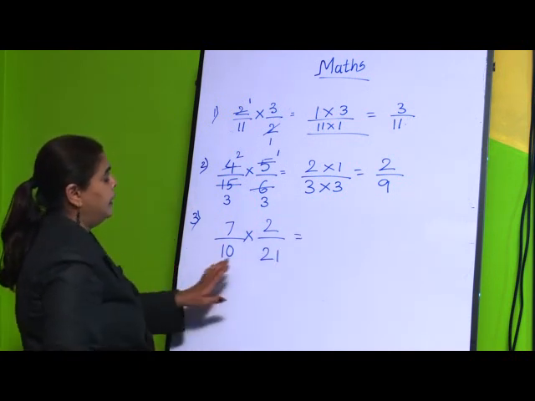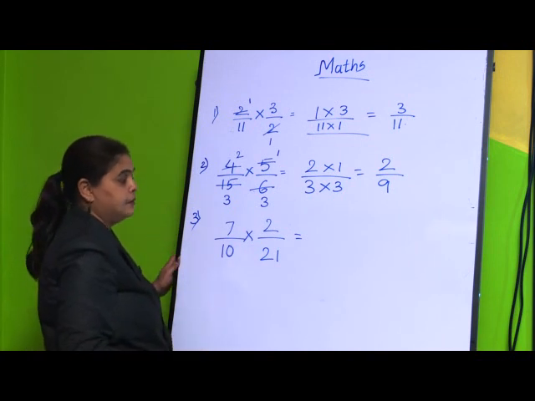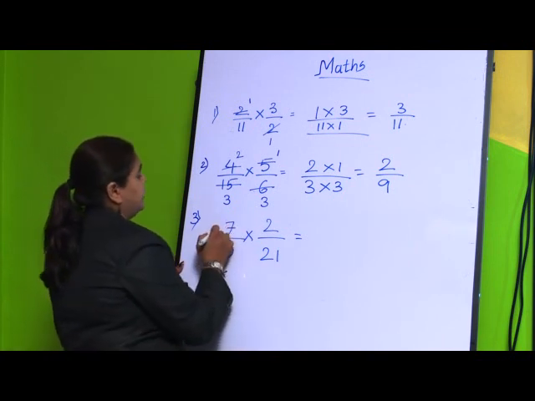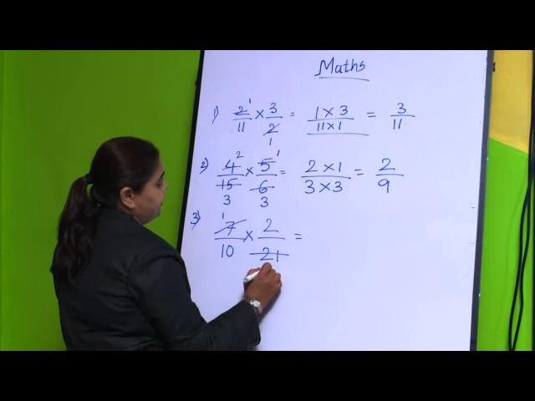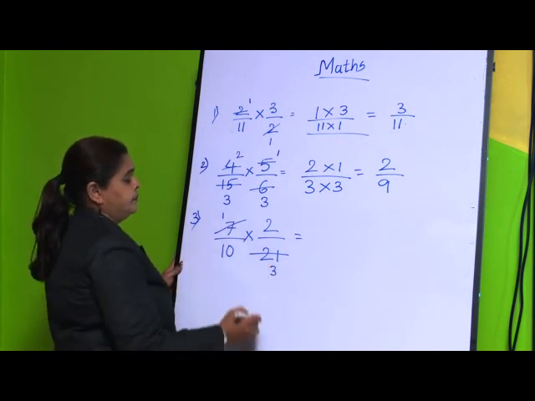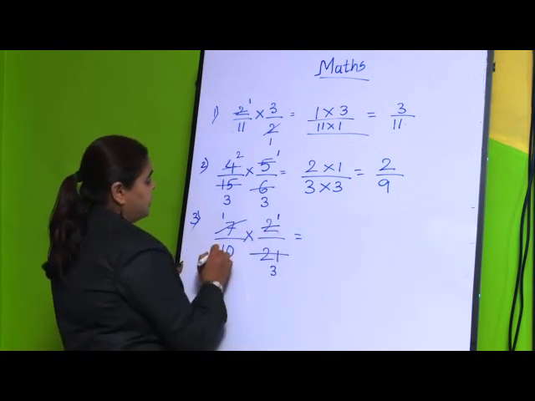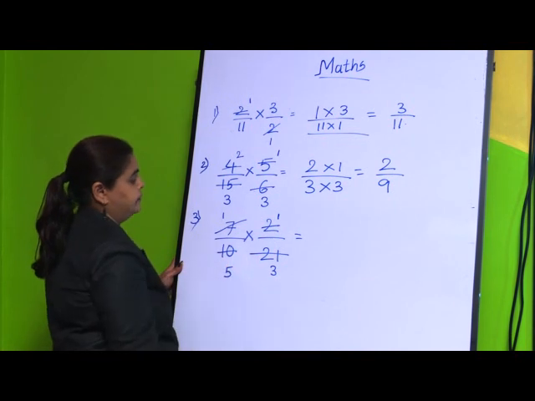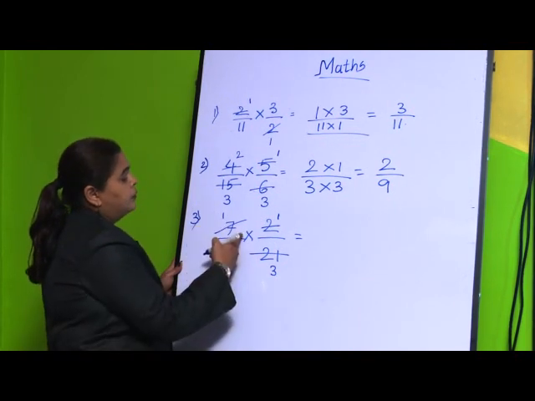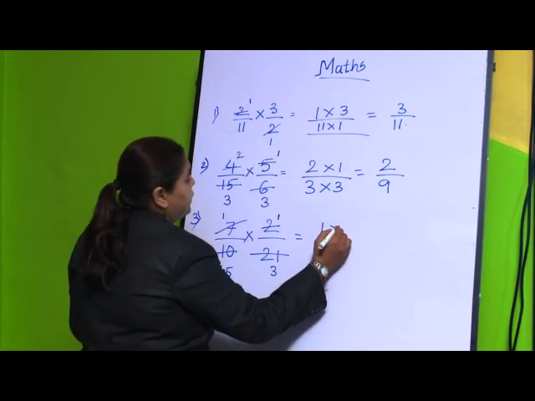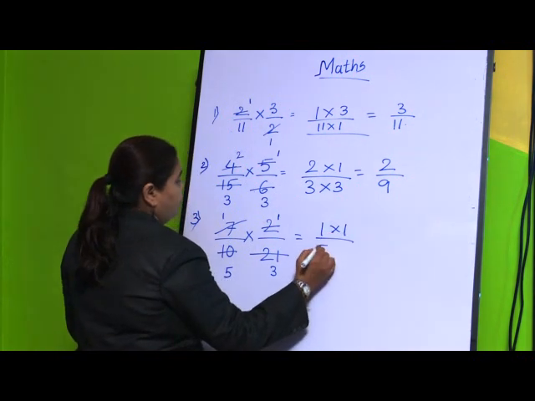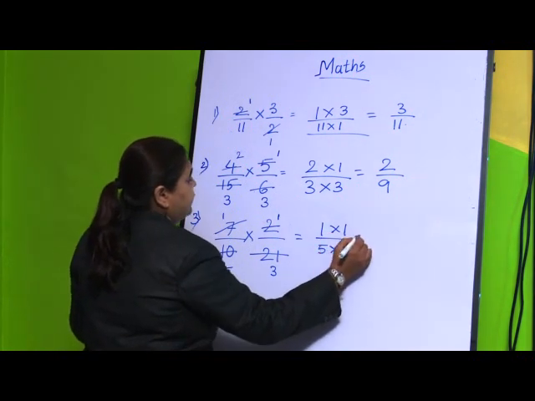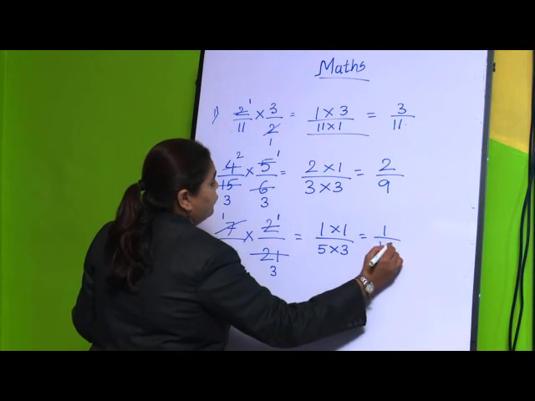Now, is it possible to reduce? Yes, you are right. Here it is 7 ones are 7, 7 3s are 21. Here will be 2 ones are 2, 2 5s are 10. 1 multiplied by 1 upon 5 multiplied by 3 is equal to 1 upon 15.